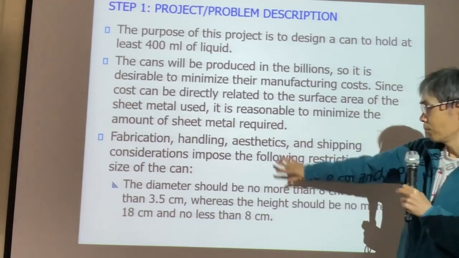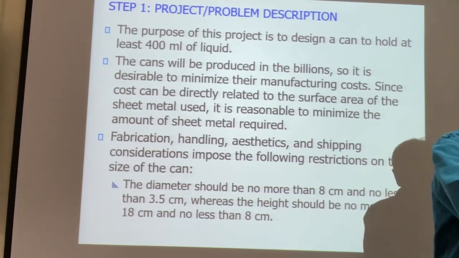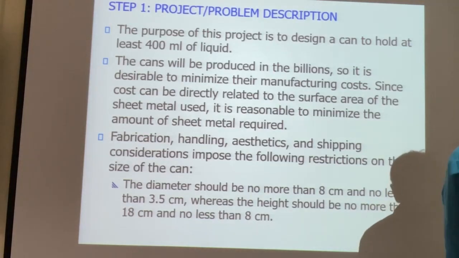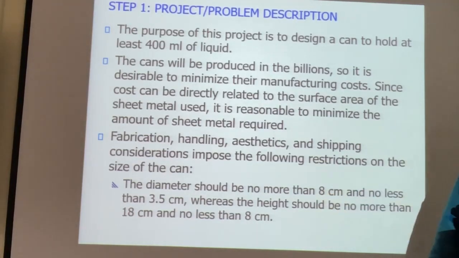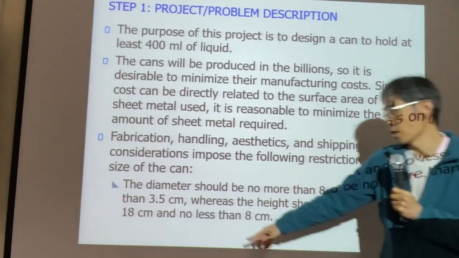So now, due to this, let's decide what's going on. Your name, please. Seng Yuan. This one. The diameter should be not more than 8 centimeters and no less than 3.5 centimeters, whereas the height should be no more than 18 centimeters and no less than 8 centimeters. Okay, in order to hold, the diameter cannot be too large.